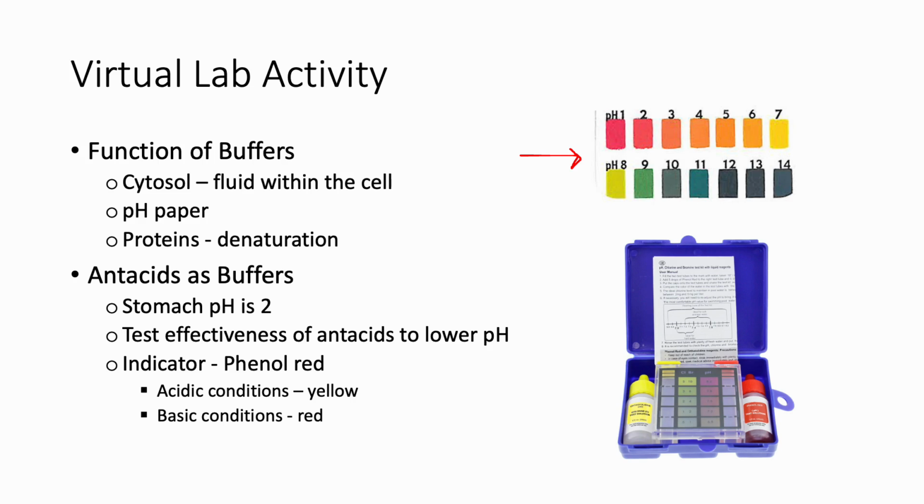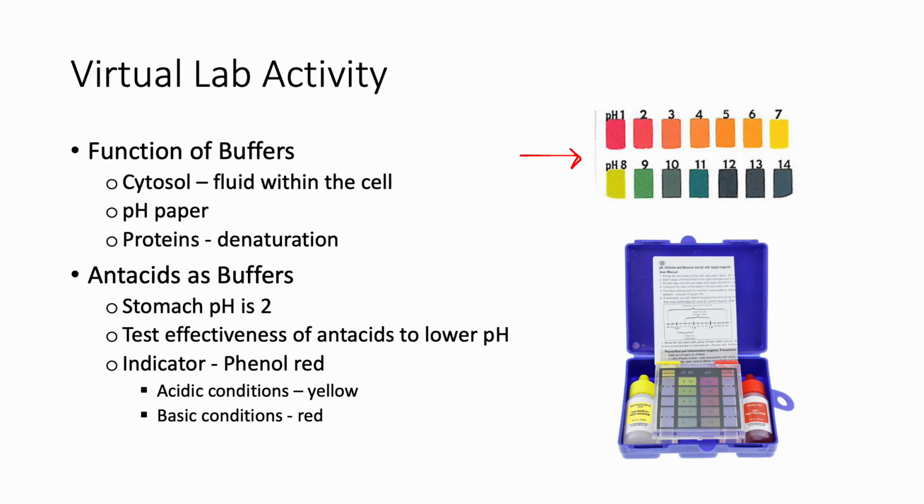So you would test solutions to determine their pH based on matching the color of the pH paper with this. It may be a little bit different color indicator in your virtual lab, but the idea is the same.